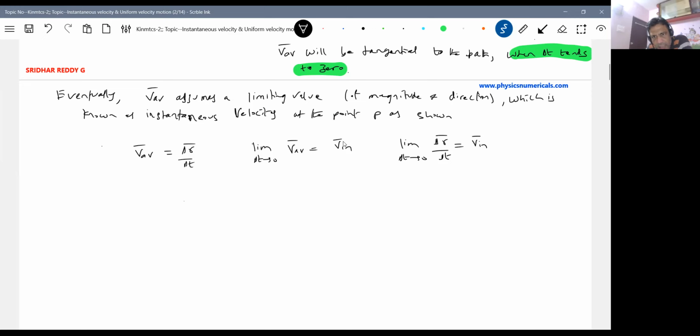This is further written as dr bar by dt. This is the instantaneous velocity. So how do you define instantaneous velocity? It is defined as rate of change of displacement. So what is the meaning of this? Rate of change of displacement.